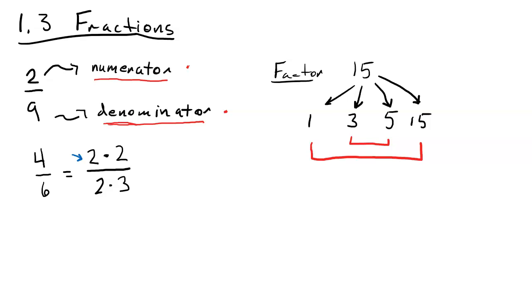There's a 2 on the top and a 2 on the bottom. So that means that we can actually cancel out these 2's, because when we divide 2 by 2, we just get 1, right? So we can cancel out these 2's, and what we're left with after we do that cancellation is 2/3. So right here, this is 4/6 in simplest form.